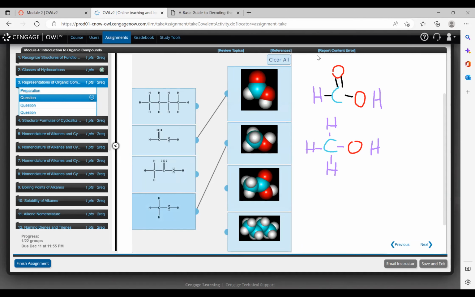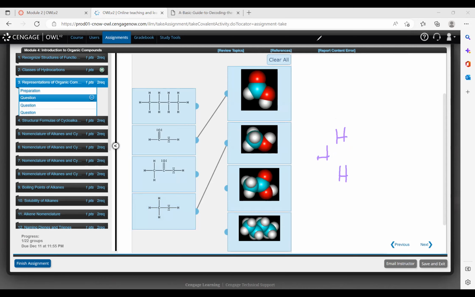All right, next one that we're going to look at, it looks like 3 hydrogens, a carbon, another carbon, an oxygen, and let me do this here. I'm going to put it this way. OH. All right, so again, those 3 hydrogens are going to go around carbon.